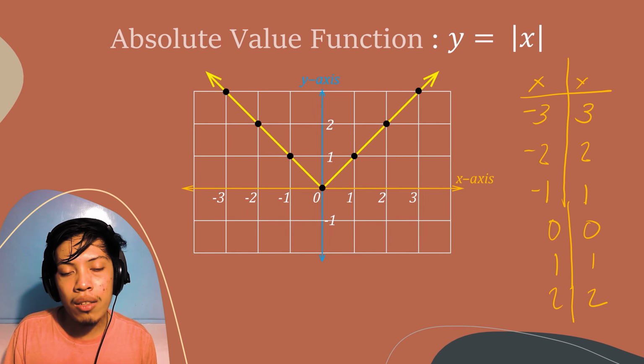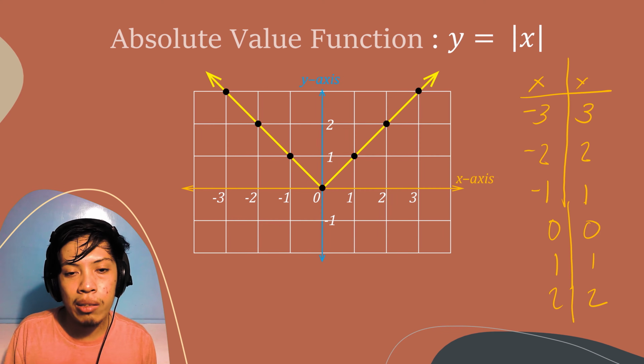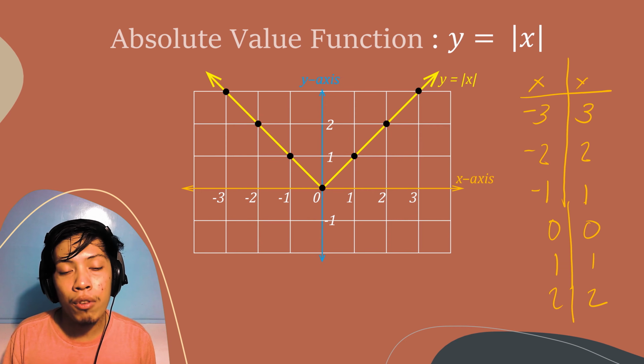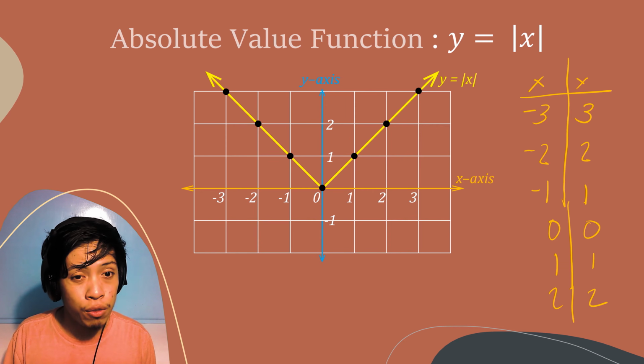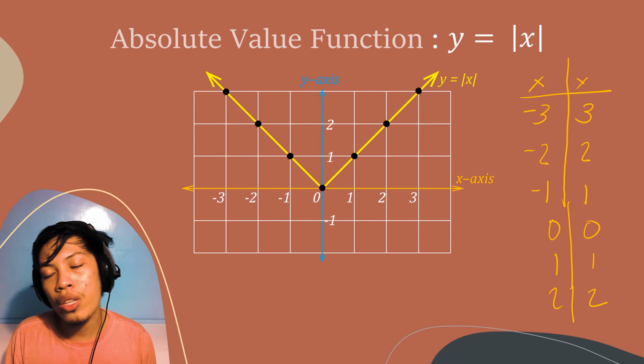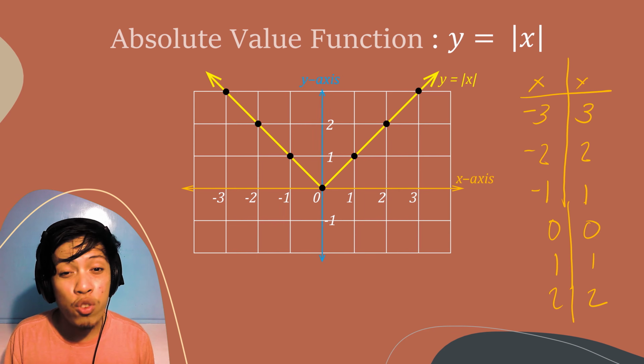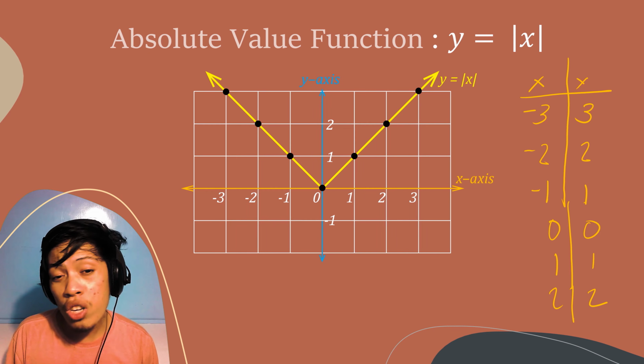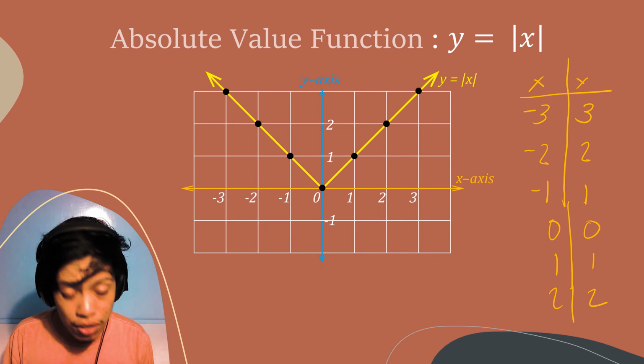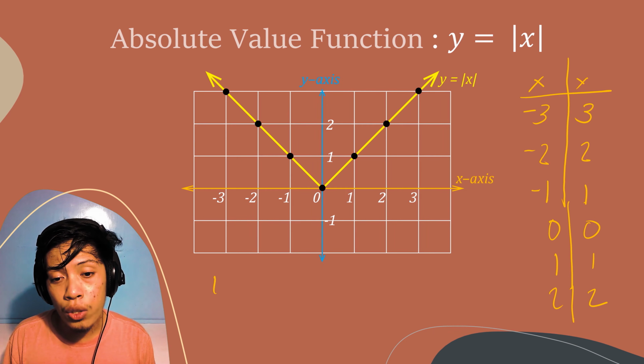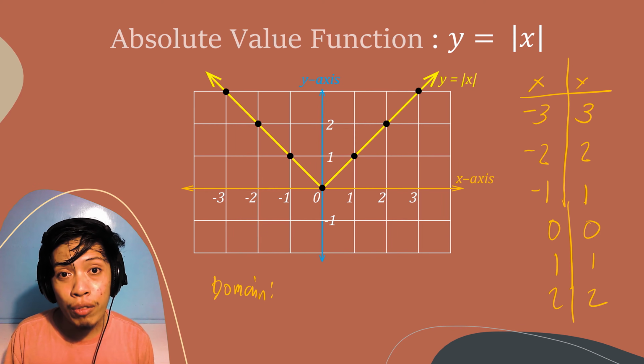Now, these two lines that seem to form a V shape, that's the behavior of the graph of y equals the absolute value of x. Now, the next thing you need to do is to find the domain and range of this function. This is just very easy because you already have the graph. Okay, let us try to solve for the domain. Take note, the domain is the set of all permissible values of x.